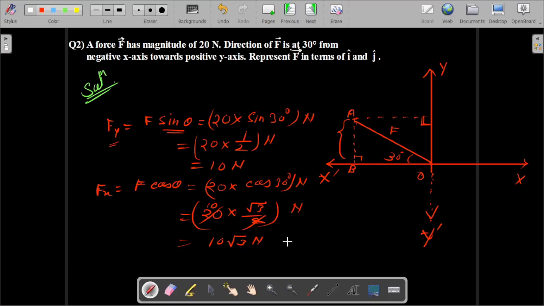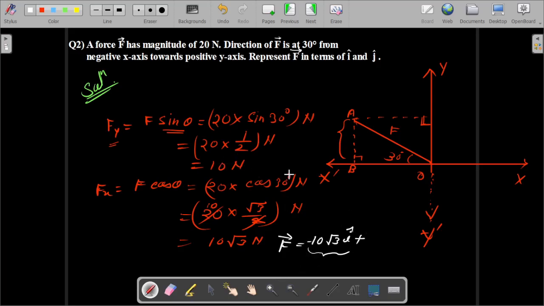So F is the x component, 10 root 3 Newton in the direction of x-axis, plus. Both have plus values, okay? But this is in the negative direction. So while denoting this vector sign, meaning i cap, you have to put a negative. This is in the negative x direction, okay?